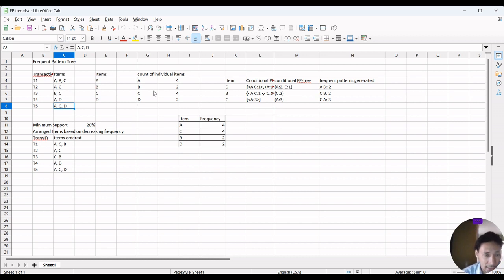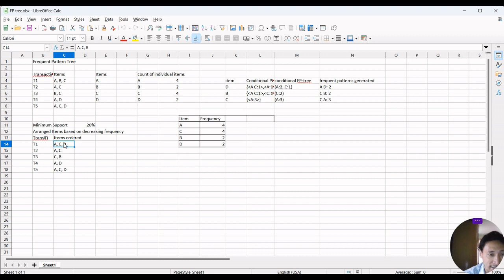Then what we do is we will rearrange these items in each transaction on the basis of frequency of these individual items. That means we will rearrange these transactions so that the items with higher frequency will come before items with lower frequency. So after rearranging, what we will get is, in the first transaction, the original record is ABC, but after reordering we will get ACB because frequency of A is highest, then C, then B which is 2.